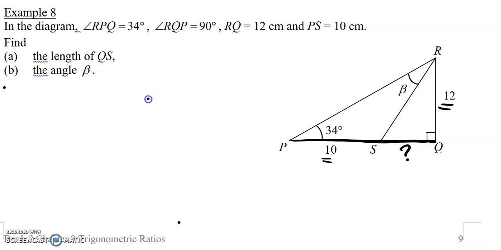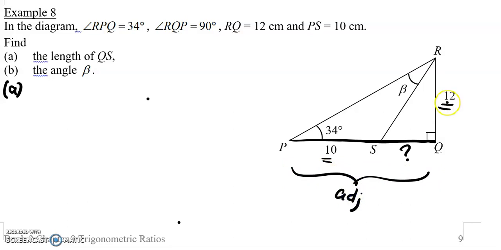So in part A, to find what is PQ, actually I realized that I can look at the bigger triangle over here. So this PQ itself is actually the adjacent side, this whole part, the adjacent side.